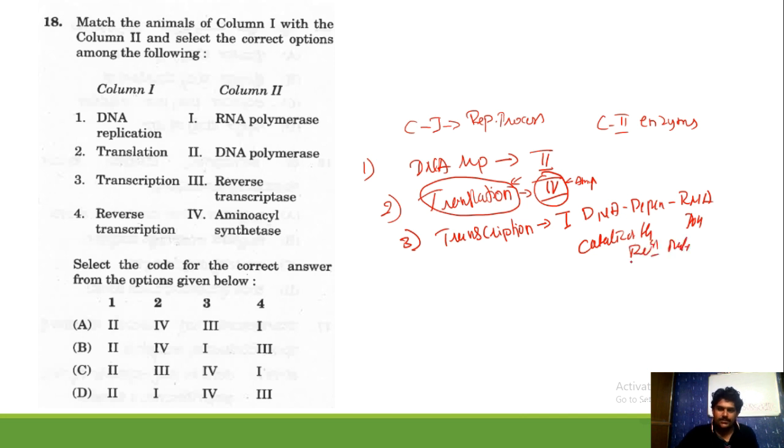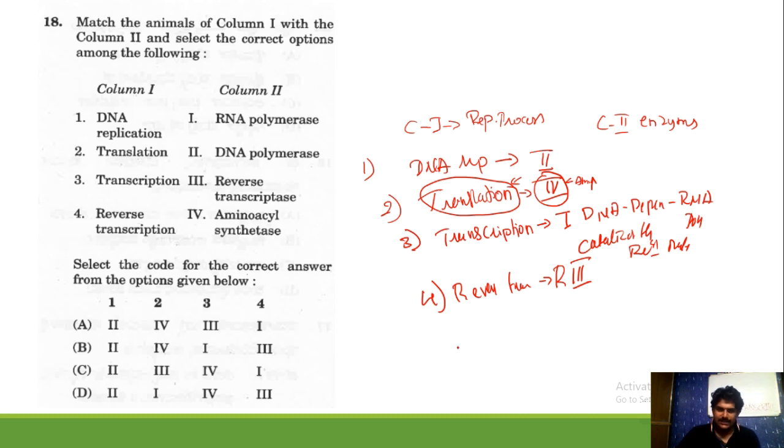Okay, fine. The last one, the fourth one, is reverse transcription. Reverse transcription is found only in some viruses, where from the RNA strand there will be generation of a new DNA sequence. For that, the enzyme used is reverse transcriptase, that is the third one, reverse transcriptase.